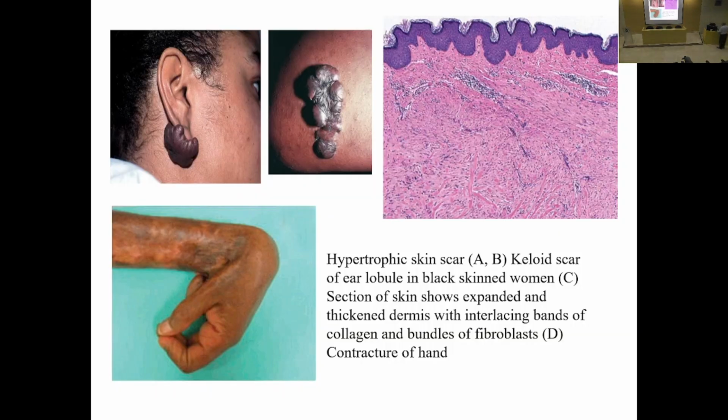These are the pictures. In the first two, I mentioned the contracture. I still have 5 minutes. So this is the hypertrophic scar. I mentioned that they occur mostly in dark skin individuals for reasons that I don't know.